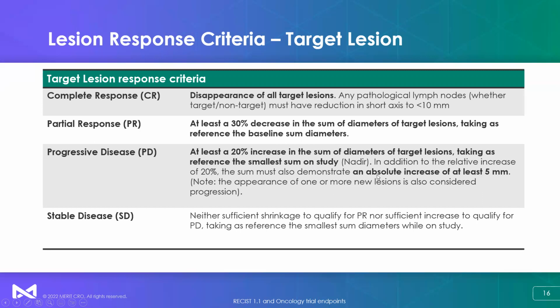So 2 conditions should be met to get PD at that time point for the target lesion level response. Stable disease is the case where there is neither sufficient shrinkage to qualify as PR nor sufficient increase to call PD.